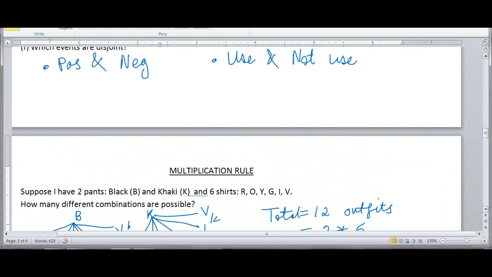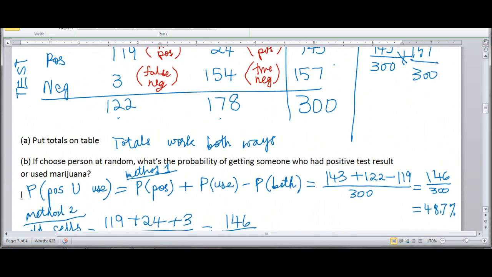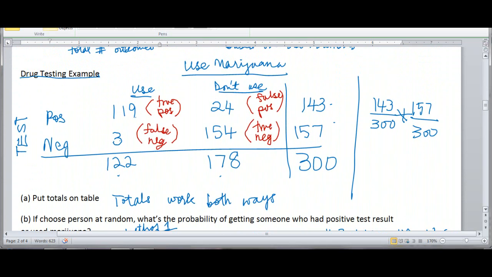See, this can be a little tricky. You've got to think about it. Without replacement means you're not putting that person back. So I pick one person, and the probability of positive is 143 out of 300. I hold on to that person; I don't throw him back into the pool. Now how many total people do I have? 299.